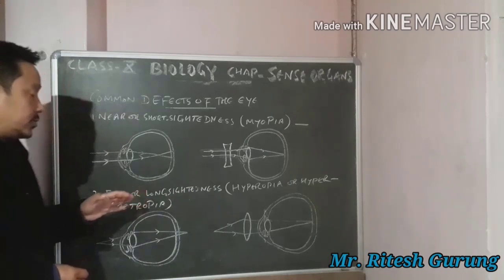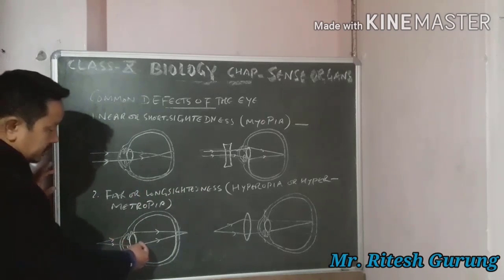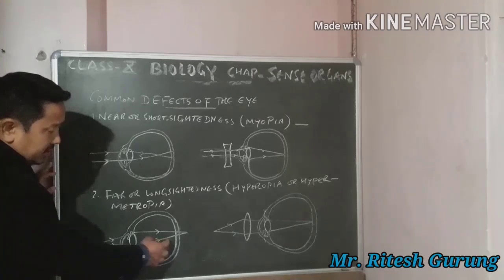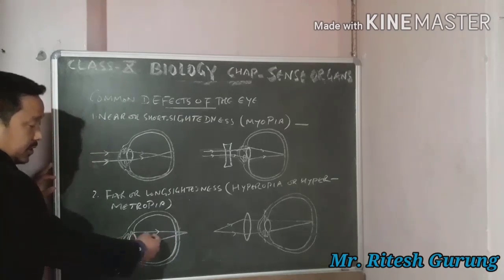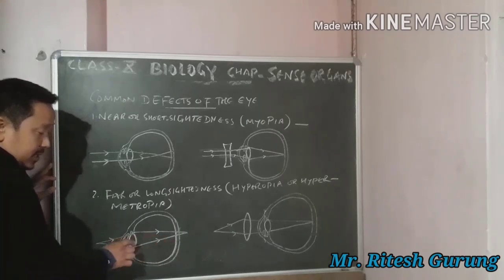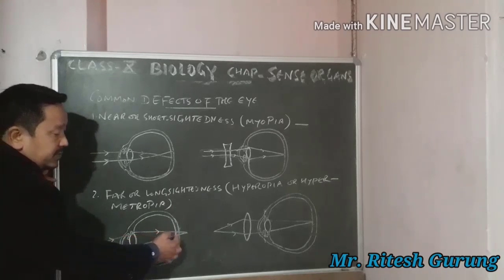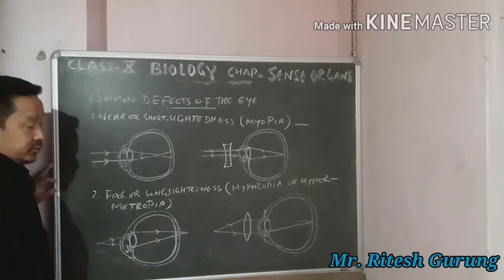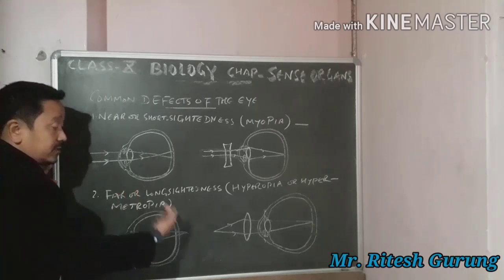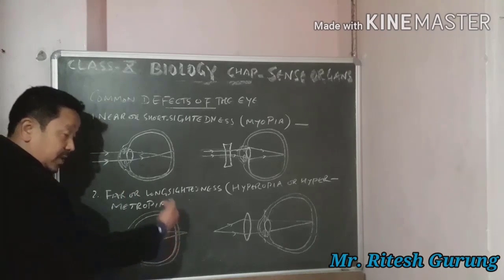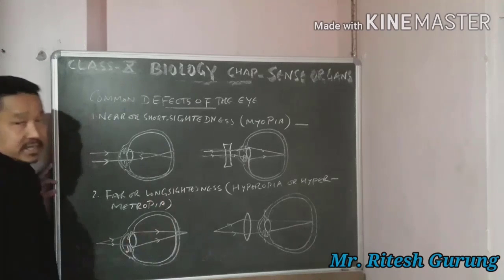Because of the shortening of the eyeball from front to back, the image is formed behind the retina. It should be formed on the retina, but instead it forms behind the retina.